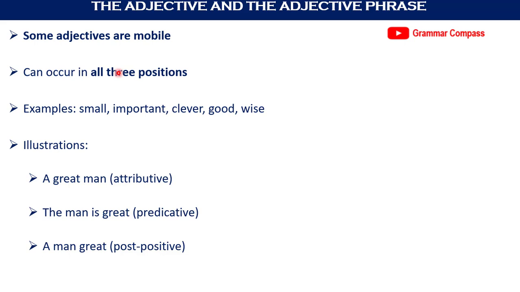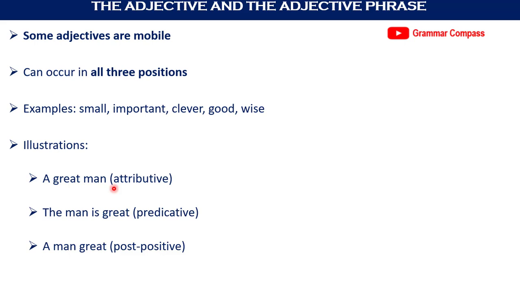Some adjectives are mobile, which means that they can occur attributively, predicatively, and post-positively. Examples are small, important, clever, good, wise, great. They are adjectives that can occur at any position.